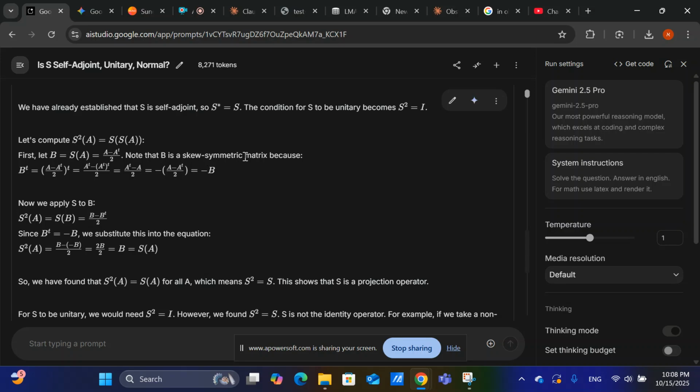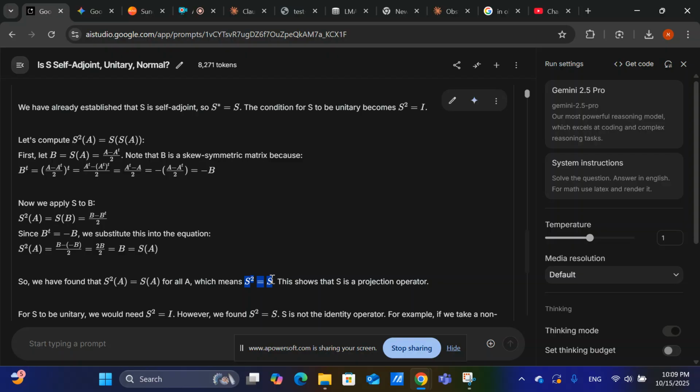It's a skew symmetric matrix. So instead of writing here minus B transpose, it becomes plus B. So it's 2B divided by 2. So we got B. We got S(A) because B was defined as S(A). It means that S squared equals S.